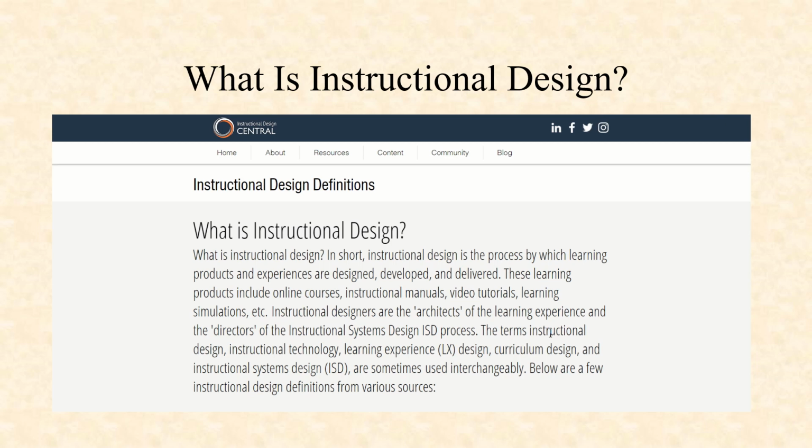And they talk about it's a process by which learning takes place and through which learning is designed to be delivered. And they talk about various terms that are sometimes used interchangeably or very much related terms.